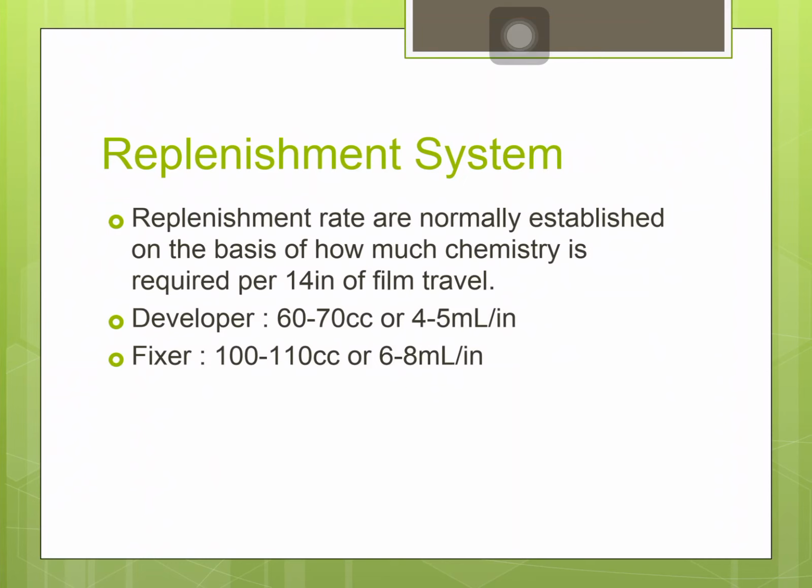So, for developer, ang replenishment rate natin is 60 to 70 cc or 4 to 5 ml per inch. For fixer, replenishment rate natin is 100 to 110 cc of fixer or 6 to 8 ml per inch. So, ang sabi dito, based per 14-inch of film travel.